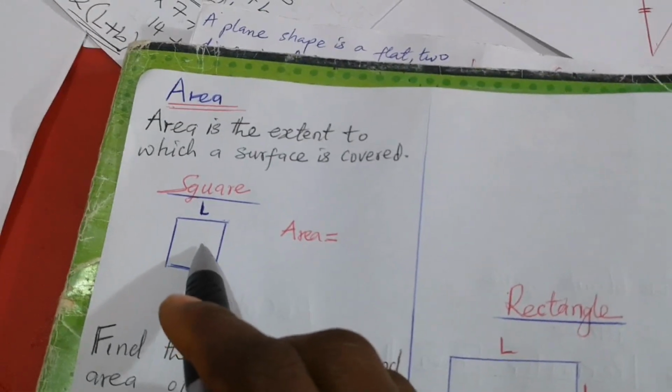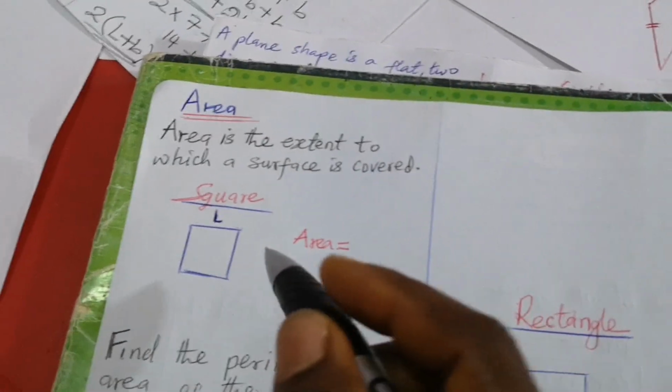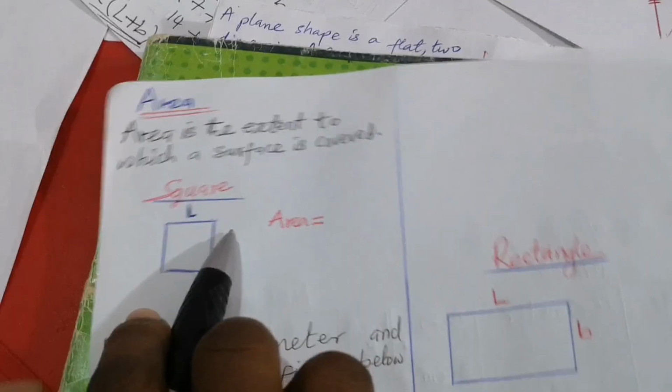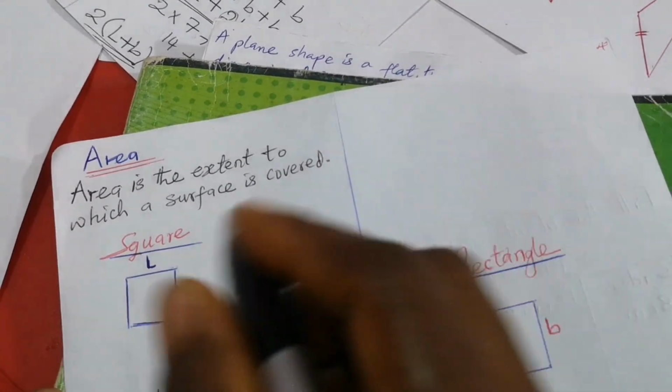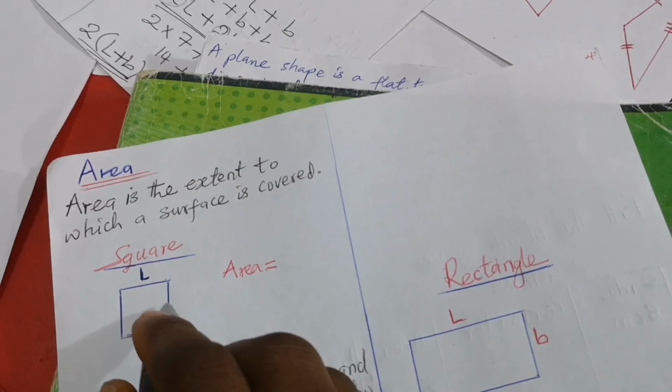This is a square. Now, how do we calculate the area of a square? The formula for calculating the area of a square is length times length.